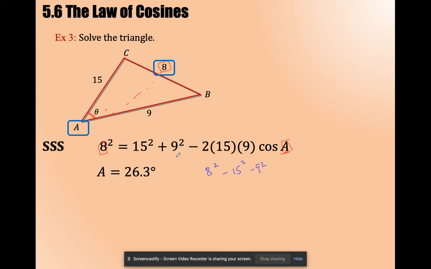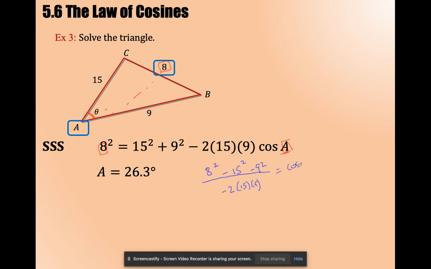You're subtracting both of those. Then you are dividing by that product.